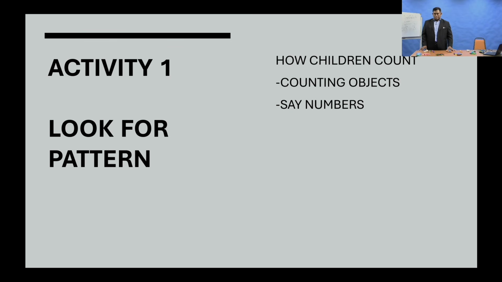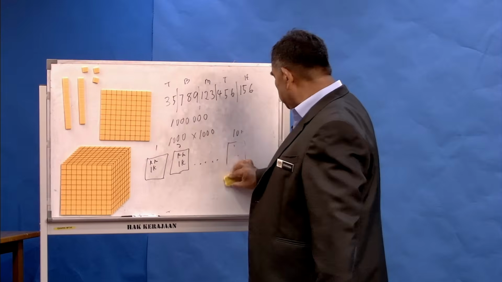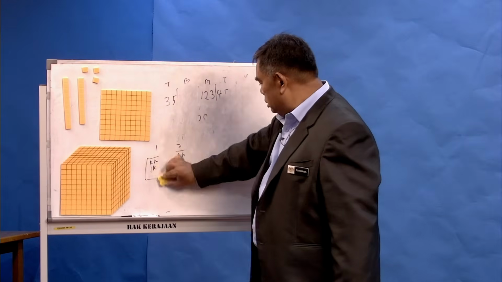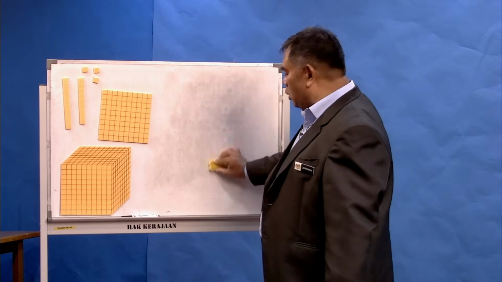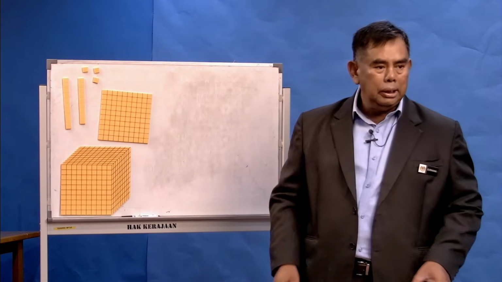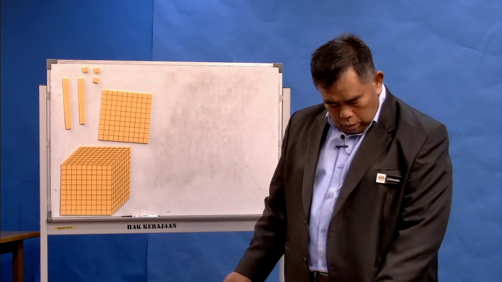So before we start, we introduce the symbol of the number. Actually, we introduce the language first. We start with the material and language, and the last one is the symbol. So we look at the pattern.